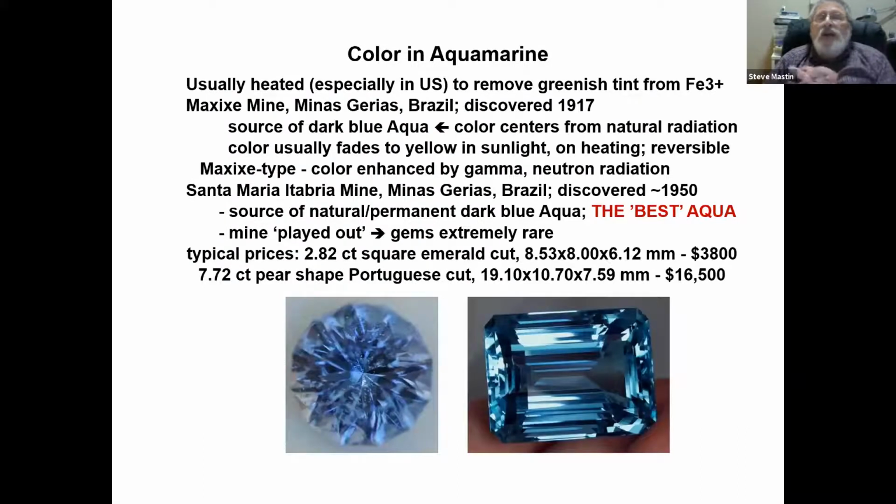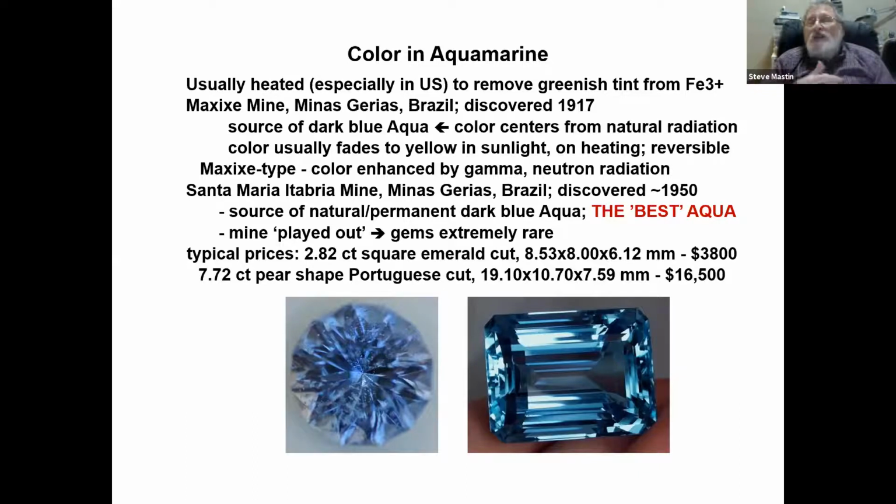So let's look at color in aquamarine. And as I said, a lot of aquamarine comes out with a greenish tint because the ocean is not pure blue. That's very unusual. It's got all kinds of impurities in it. And so the ocean usually looks like greenish blue.